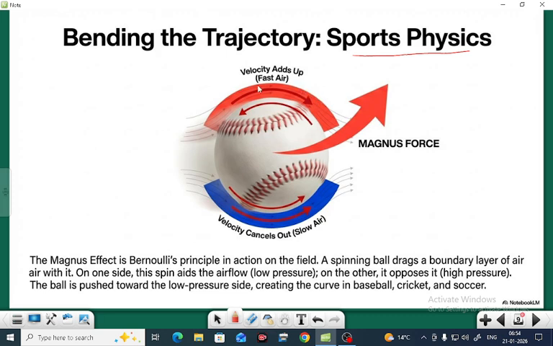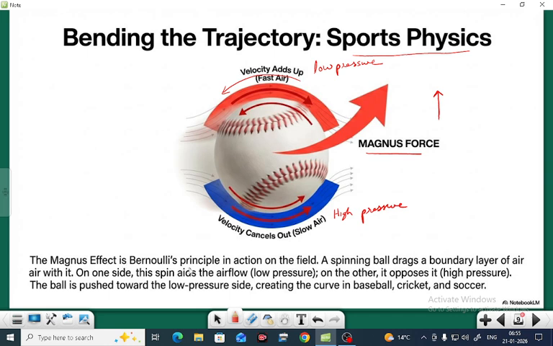When the velocity of air is fast, at this region it creates a low pressure zone. And here you can see the slow air, so it creates a high pressure zone. So there is a lift in the upward direction, the Magnus force, or what we call the Magnus effect.